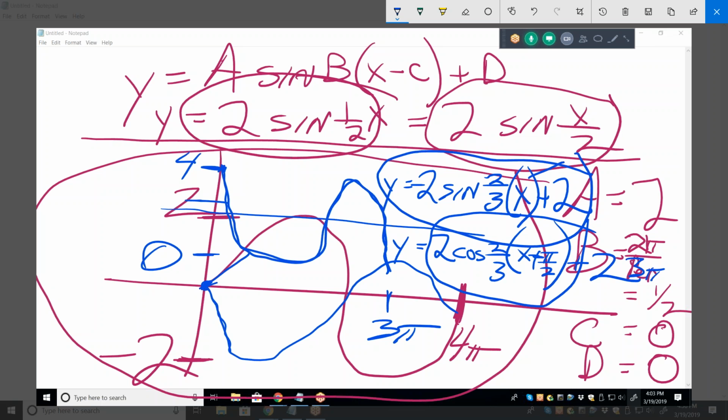I'm not sure I've ever heard a math teacher state that, but it's true. In other words, if I use a sine curve and I get a phase shift of pi over 4, and I can use a cosine curve and I get a phase shift of 3 pi over 4, I'm going to use the sine curve. Always going to use whichever one has the least amount of phase shift. Doesn't really matter the direction, it's the amount.